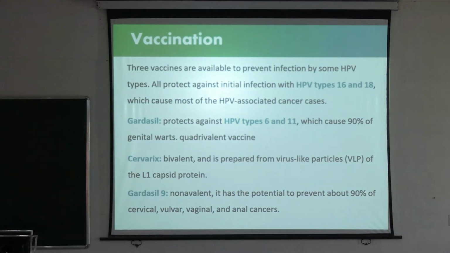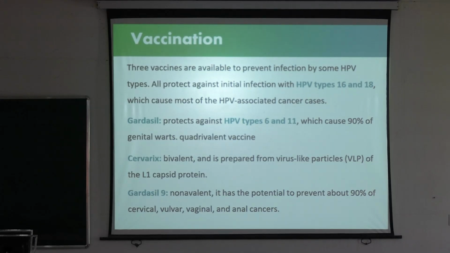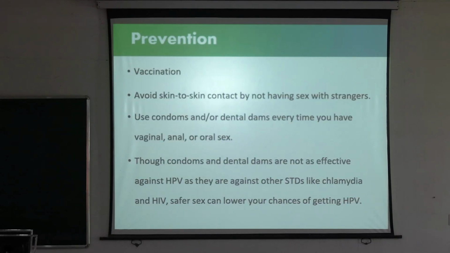Gardasil is very much available, every district has some vendors, so you can take it. Gardasil covers HPV 6 and 11, which cause 90% of genital warts, and is a quadrivalent vaccine. Other vaccines are Cervarix and Gardasil 9. Gardasil is the very common vaccine which is available.